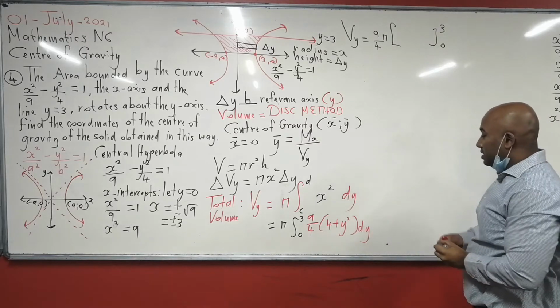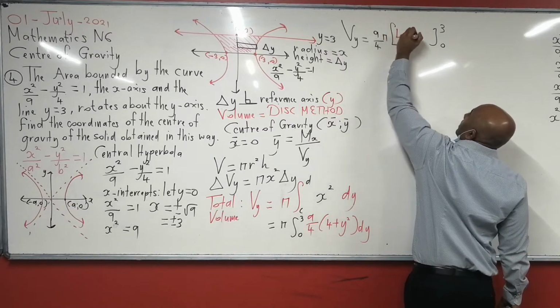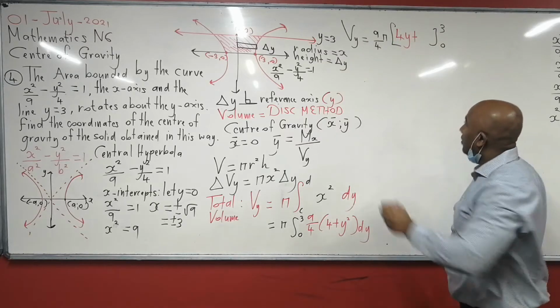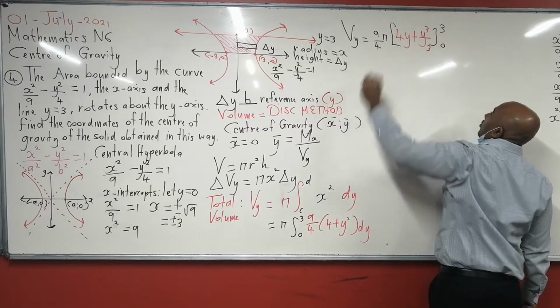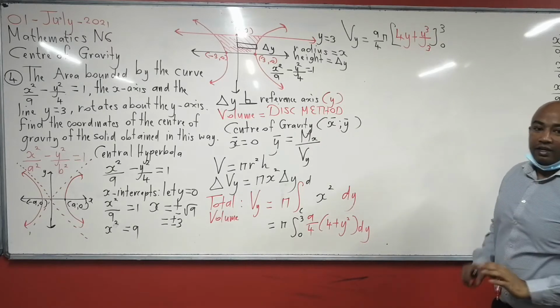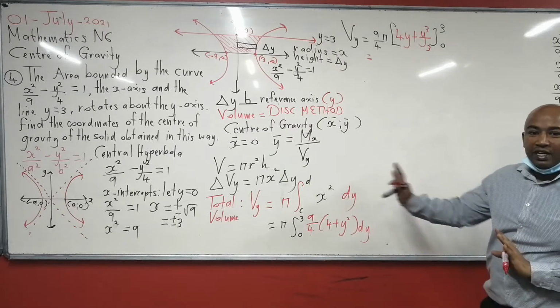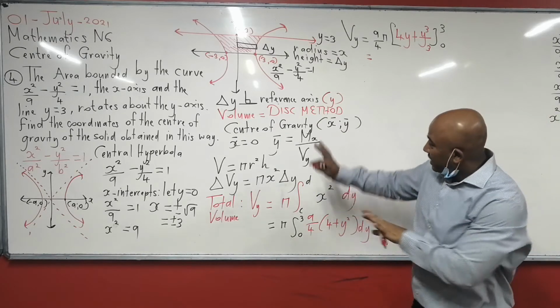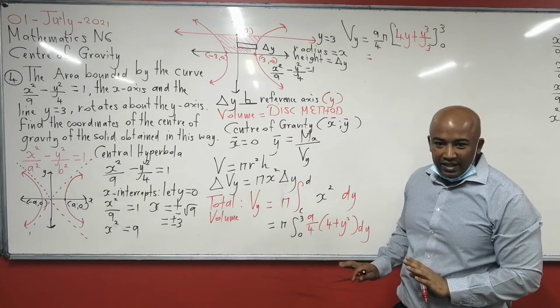When I integrate 4, I get 4y. Integrate y squared, that will be y to the power 3 over 3. And then we're going to use our calculator and we'll get our answer. I'm going to leave that for a few minutes. Let's set up the Mx for a moment and then we use our calculator at the end.